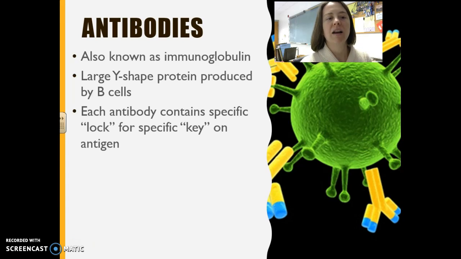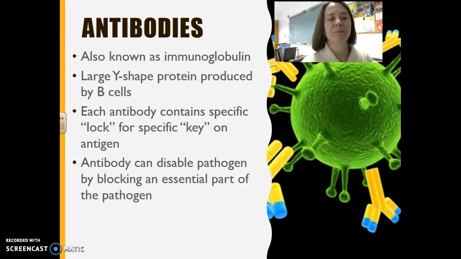Each antibody contains a specific lock for a specific key on the antigen. So every antibody is different, and your body has hundreds or thousands of different types of antibodies. An antibody can disable a pathogen by blocking an essential part of the pathogen.